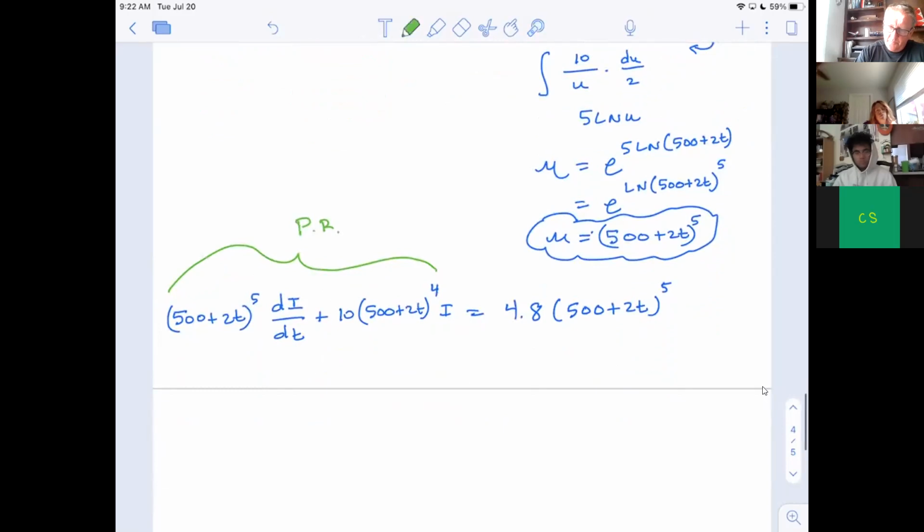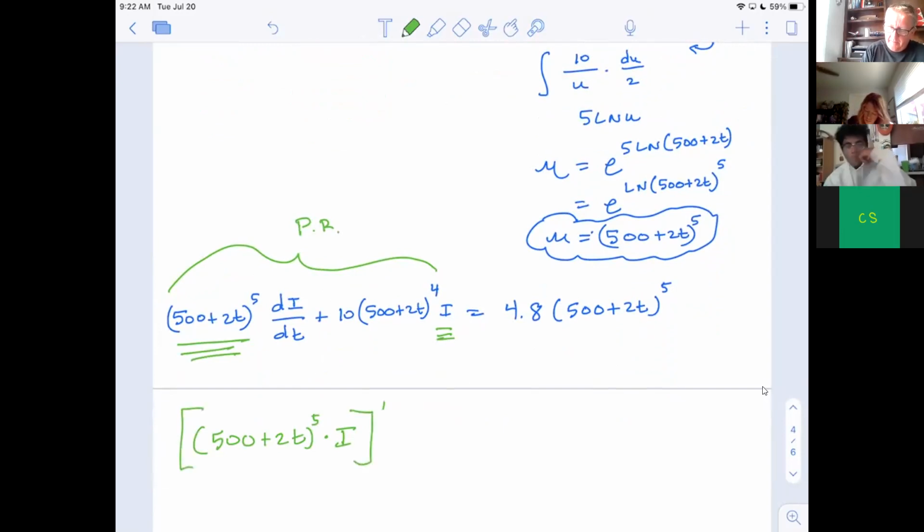So that means I can proceed and rewrite this as 500 plus 2t to the 5th times I. Again, the non-derivative portions of this. The 10, 500 plus 2t to the 4th is a derivative. The di dt is a derivative. So I rewrite it as the power rule before it had been taken.